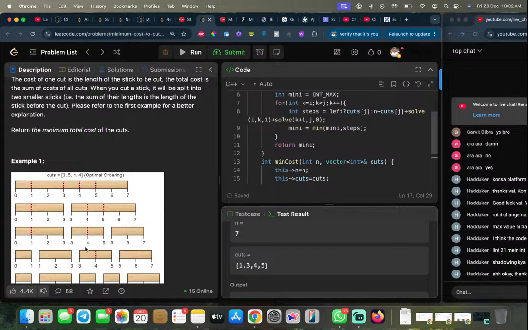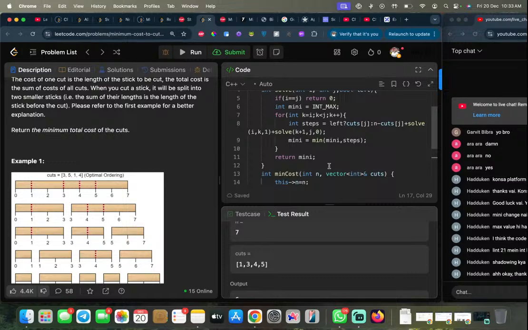q is equals to i. At the start, I have to solve for that.